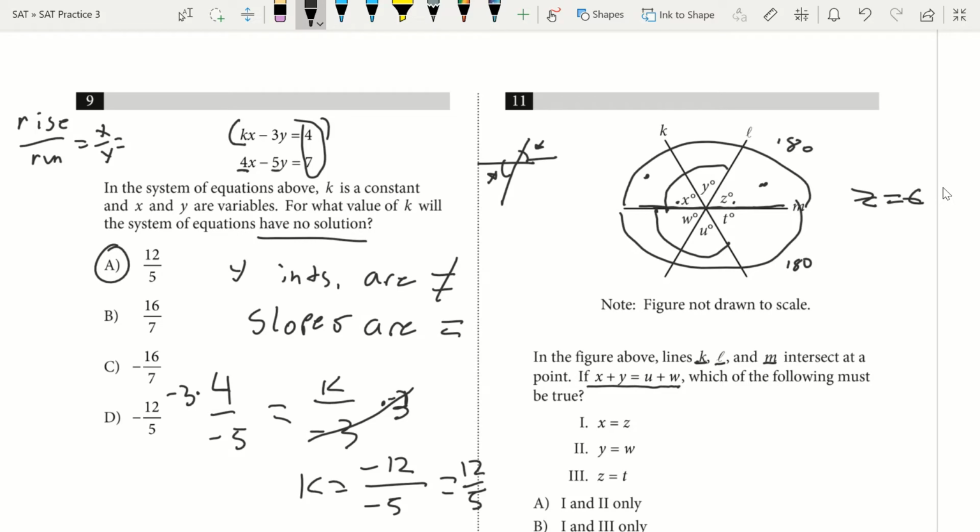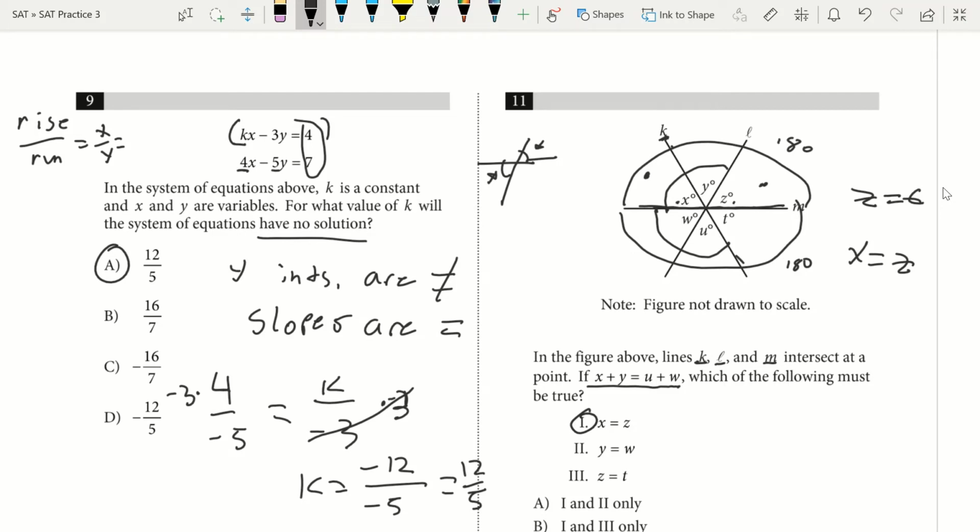And because we're looking at line k now, we know u, w equals x, y, so we could just call it x, y. And then when we have 180 minus x, y, we would have x left, right? So we can go ahead and say that x will equal z. So we know 1 is correct.